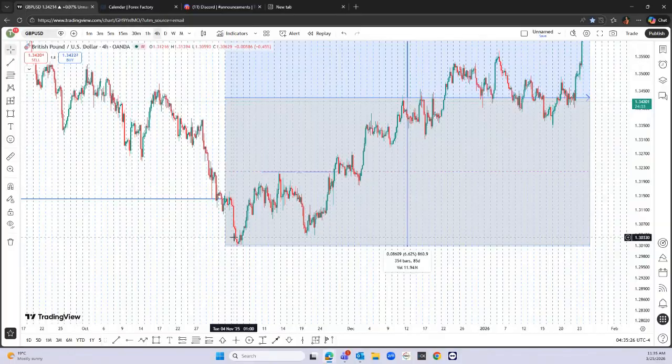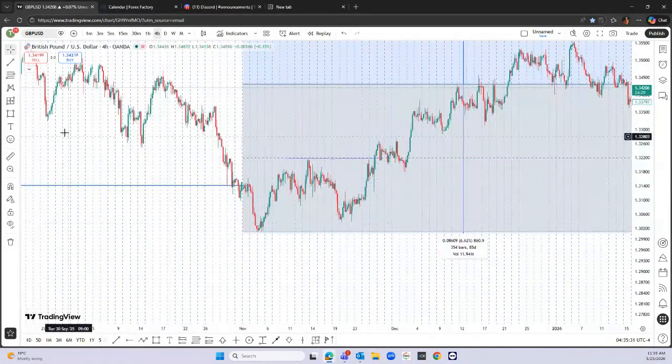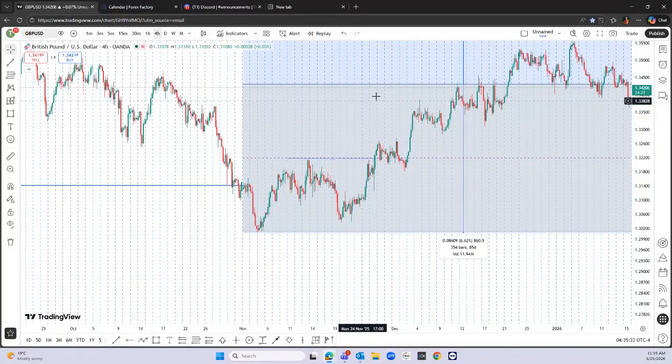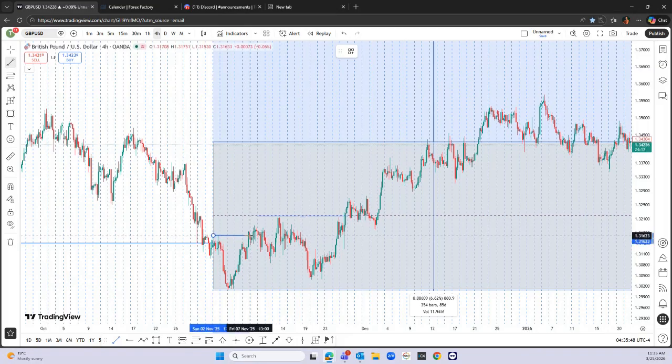When you look at these on the 4-hour chart, you can see I've marked the premium and the discount zones, which also rhyme so well on this 4-hour chart. We can also mark the change of character here. That's where the price reversed at this particular point, from downtrend to uptrend.